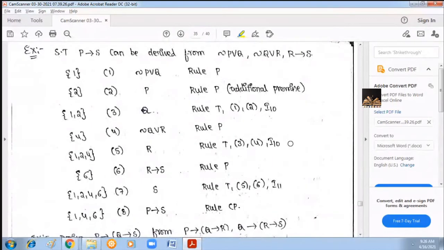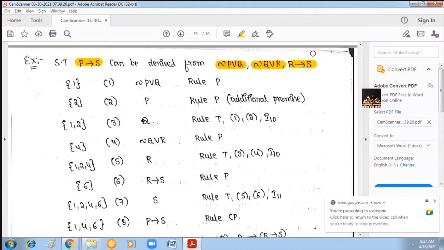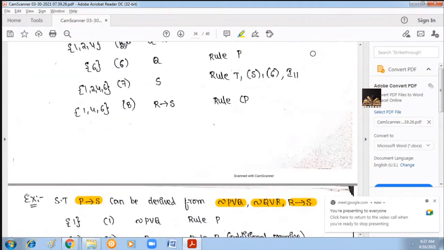Next, to prove that P tends to S is derived from this set of premises. Same thing. So here P tends to S you need to prove, right?